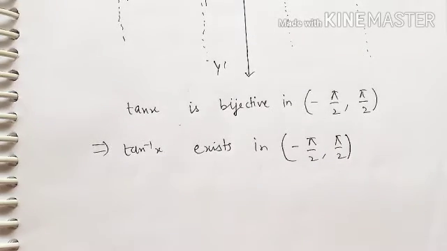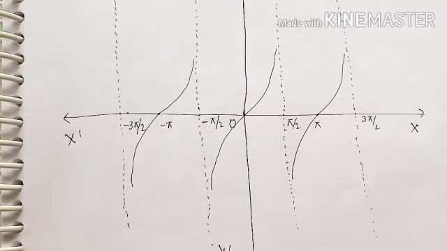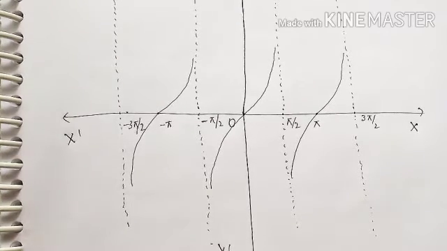However, tan x is not one-one in its domain, that is the set of real numbers. You may check that if you take 1 by root 2 in y, then you can see there are many values like pi by 4 and pi plus pi by 4, that is 5 pi by 4, in x.